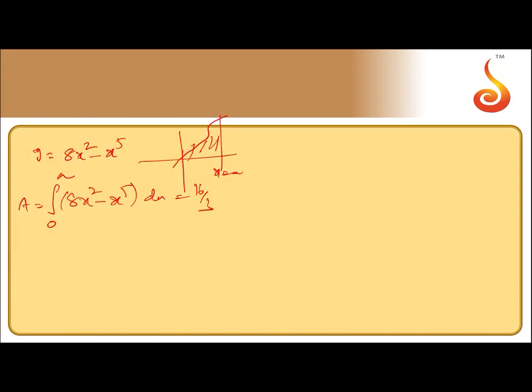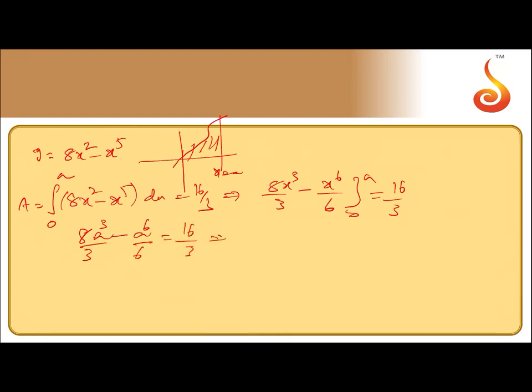We need to evaluate the value of A. Let me simplify this. It is 8x cube divided by 3 minus x power 6 by 6, with limits from 0 to A, equals 16 by 3. When you substitute, you'll get 8a cube by 3 minus a power 6 by 6 equals 16 by 3.